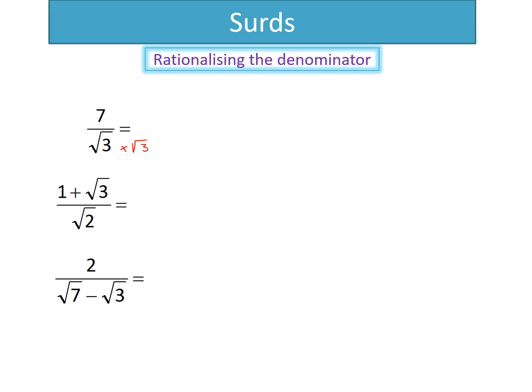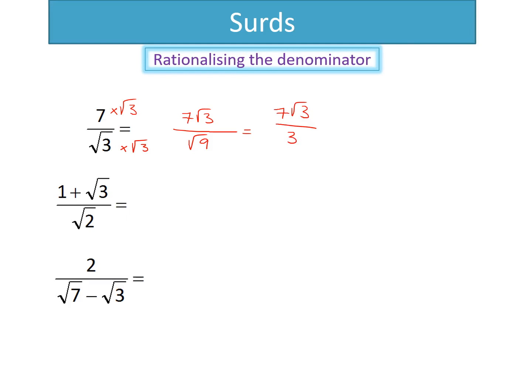So whatever I do to the denominator, I have to do the same to the numerator. So now I've got 7 root 3 as my numerator, and then root 3 times root 3 is root 9, and I can square root it, and that gives me 3. I don't have a surd in my denominator anymore.